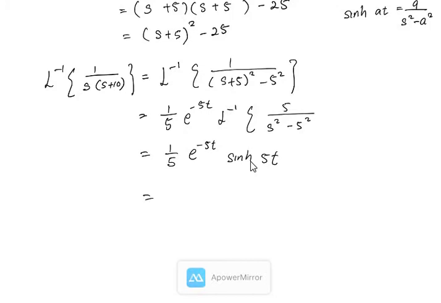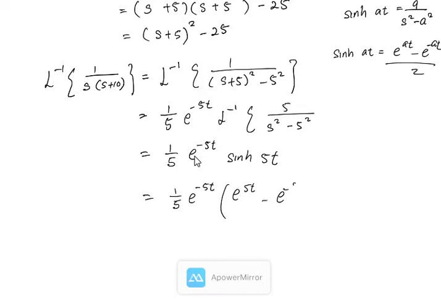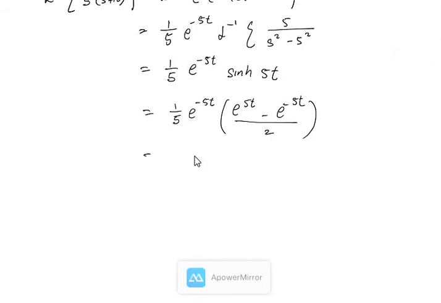Sinh also can be changed, because the first part is the exponent. We can solve it. So sinh at actually is equal to exponent at minus exponent minus at divided by 2. So we can substitute in. So 1 over 5 exponent minus 5t, exponent 5t minus exponent negative 5t divided by 2. So this is equal to 1 over 10, 1 minus exponent minus 10t.